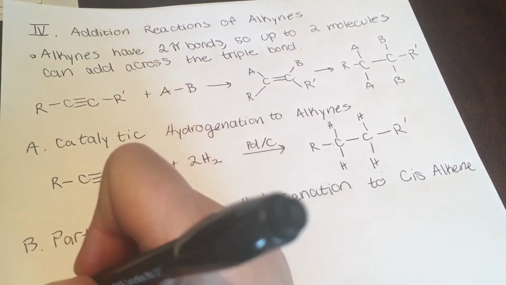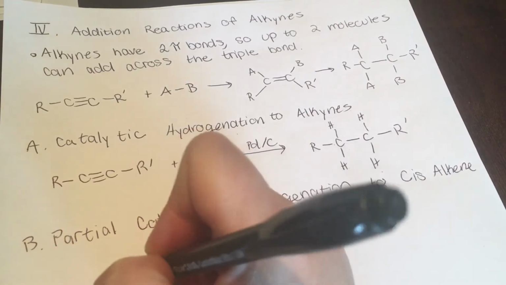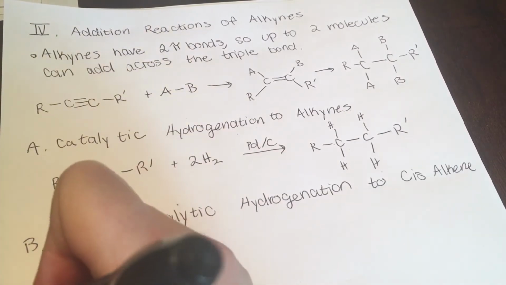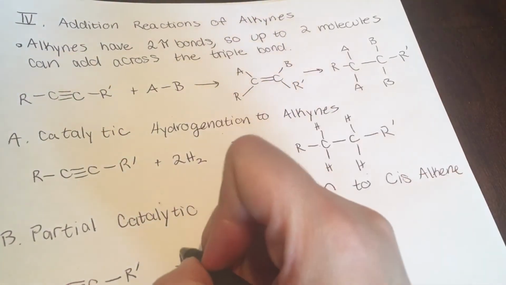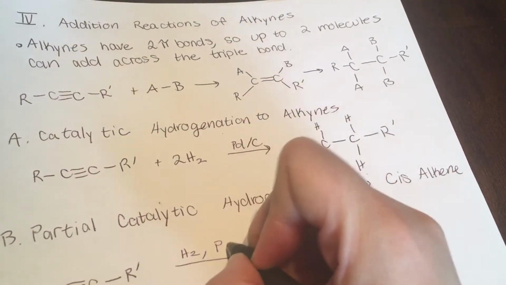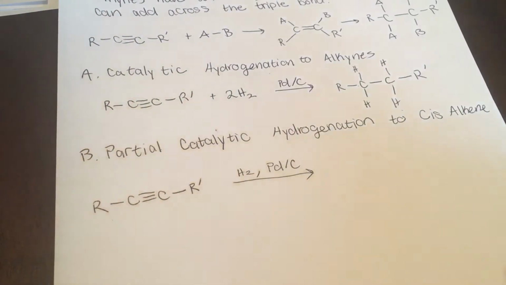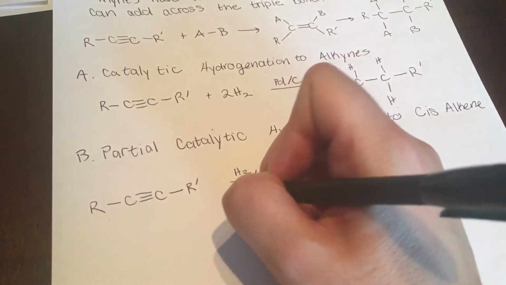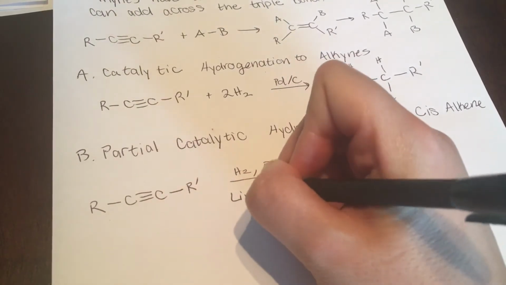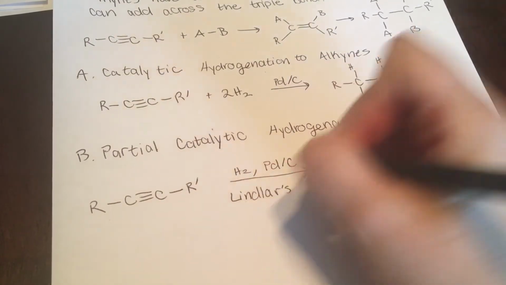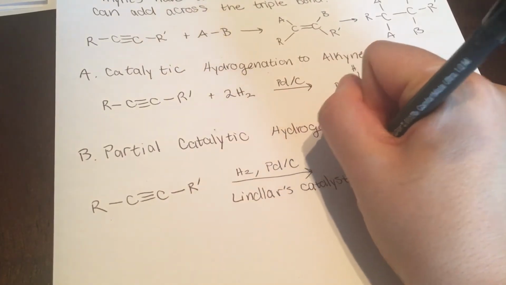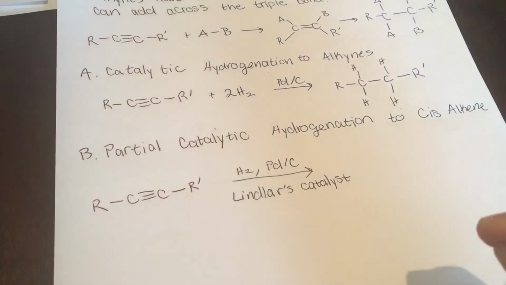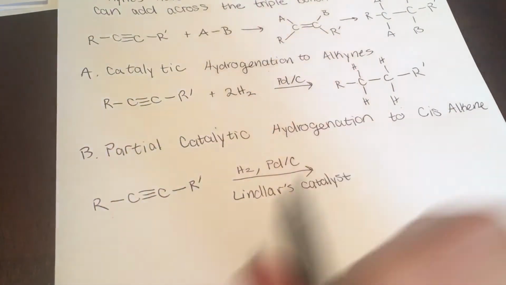So if you were to have our alkyne, and you react it again with H2 gas and palladium on carbon, but now we want to throw in that poison to make sure it stops at the alkene. That's what we call Lindlar's catalyst. It's basically a poison, that's how I remembered it. It's going to make the catalyst stop reacting.